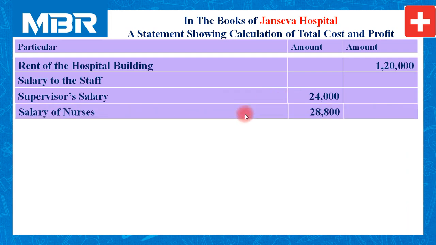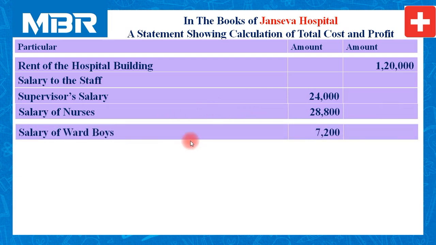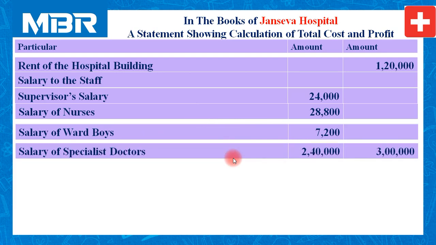Salary of nurses 28,800. Salary of ward boys working in the hospital 7,200. Salary of specialist doctor 2,40,000.